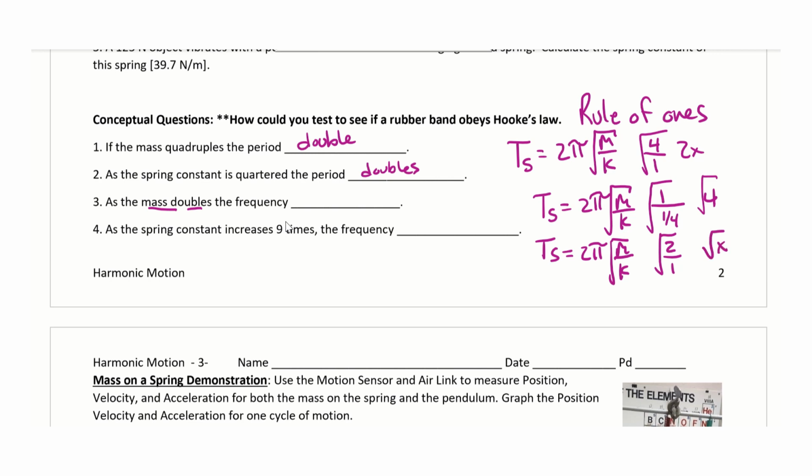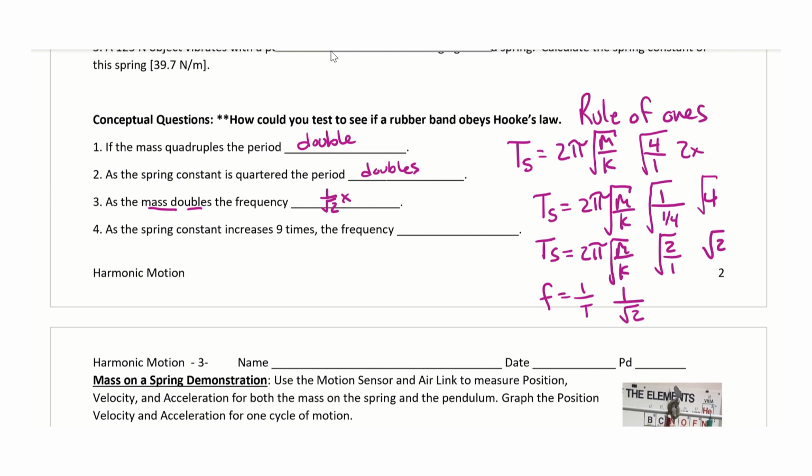It's going to increase by a factor of √2. But recall that frequency is 1 over period. So if period increases by a factor of √2, frequency is going to decrease by a factor of √2. Or if you wanted to get rid of the radical in the denominator, √2 over 2. So if the mass doubles, the frequency will be 1 over √2 times the original amount.